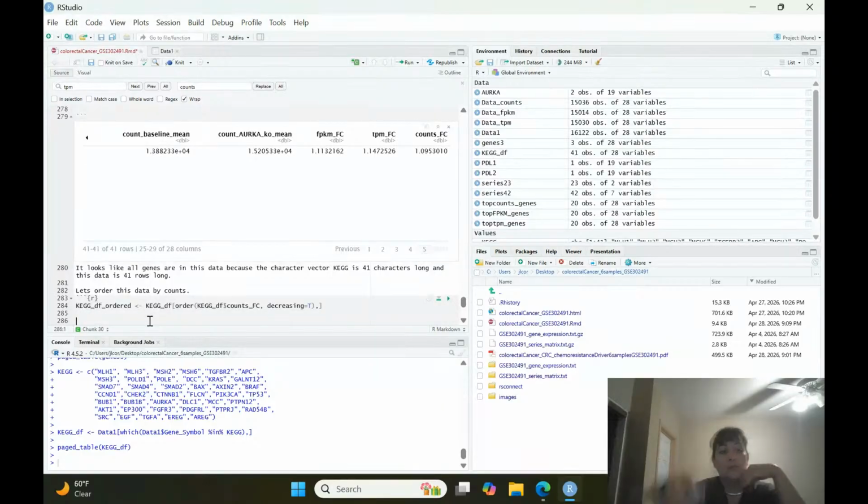And then KEGG_up is KEGG_DF_ordered greater than or equal to 1.